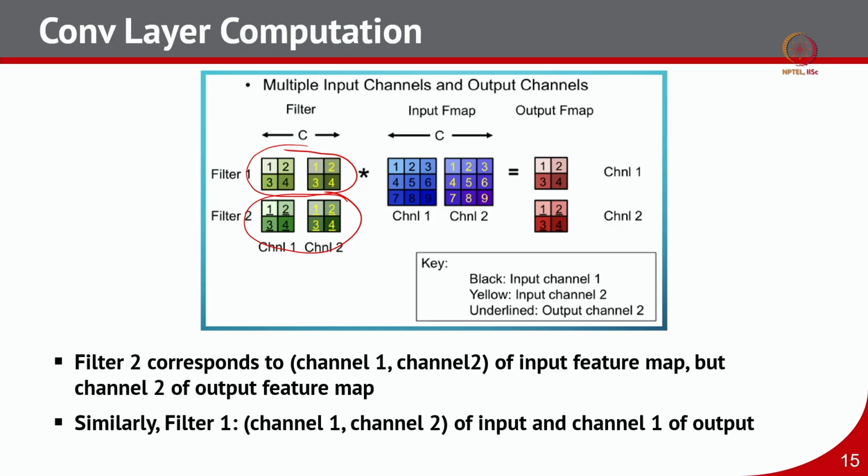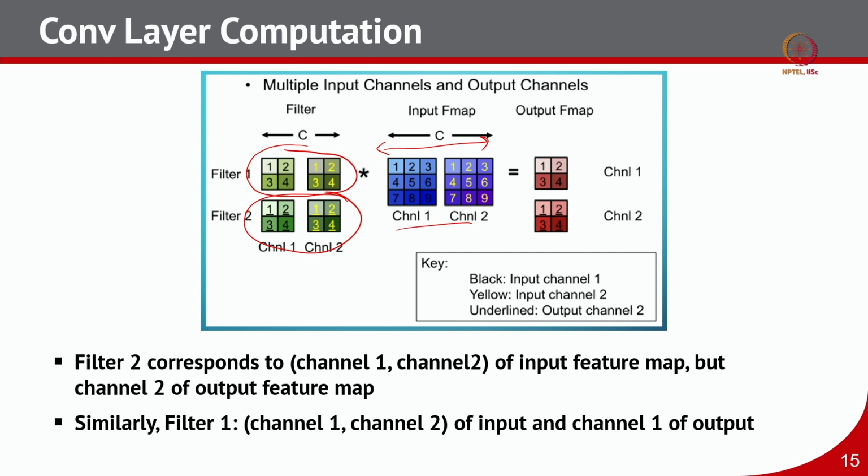So remember, there can be as many filters as we want, but that does not hamper the input. The only constraint is the number of channels. If we have c number of channels in the input, then we have to have c number of channels in the filter, right. So there is no change in the input. There has to be two channels in the input.